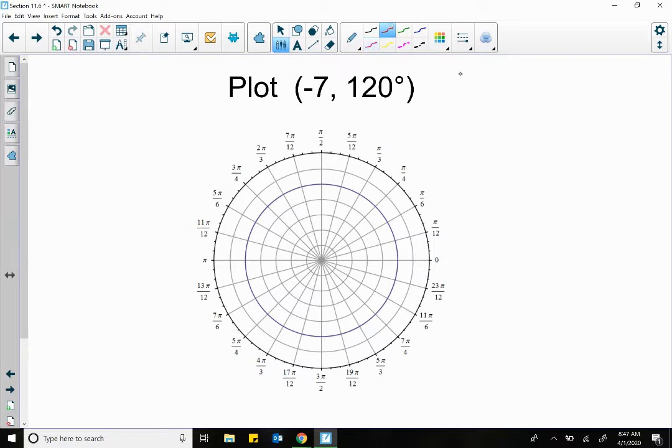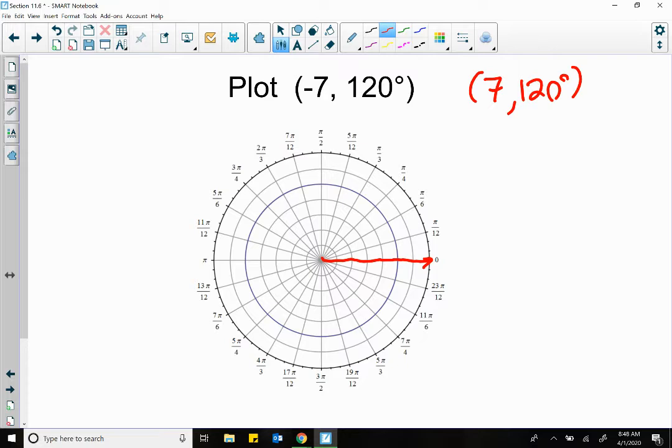What we're going to look at first is plotting this as 7 comma 120 degrees. I'll tell you how the negative works in just a second. So 1, 2, 3, 4, 5, 6, 7. Here is what the pole looks like. It's 7, and then we're going to rotate out 120 degrees.